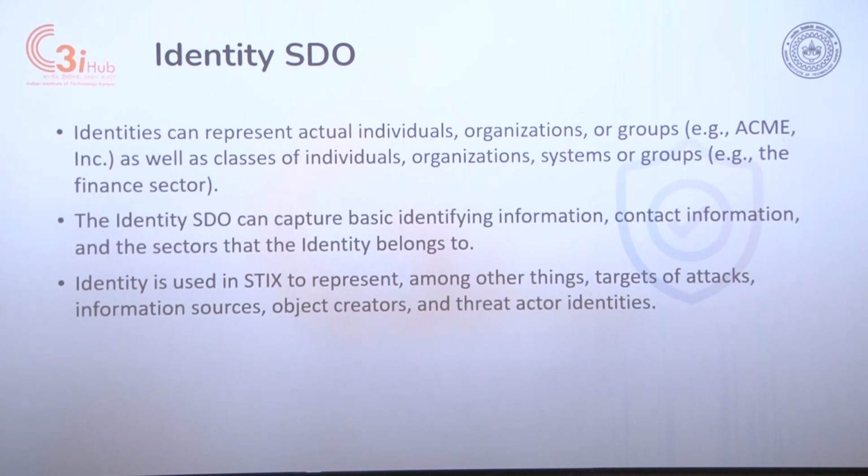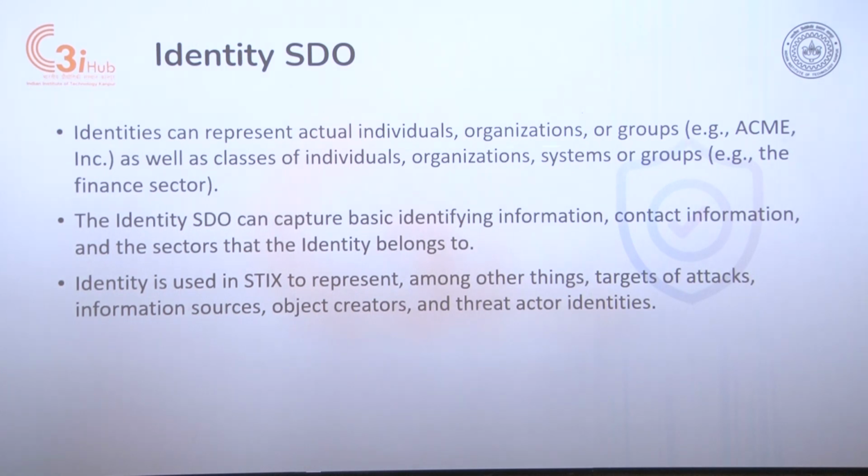Identity SDO: identity is important for any threat intelligence. For example, I might want to say that this threat intelligence pertains to this particular sector, power sector or finance sector, or I might want to say that this group, like the Reliance group, has been targeted with this particular organization, or educational institutes are being targeted by this particular threat actor.